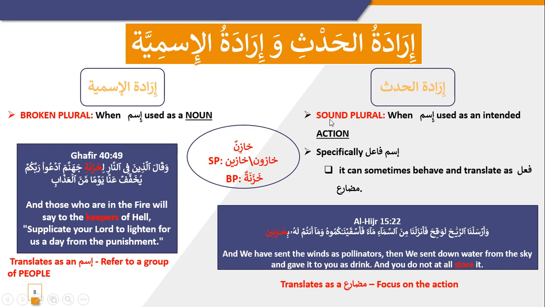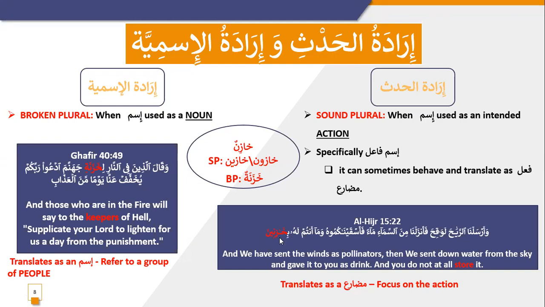If you look at iradatul hadathi, the sound plural is used, and the ism is not translated as an ism. It's translated as a mudari'. Over here, khazinina is not translated as keepers. It's translated as "you do not at all store it." So you see, wa ma antum lahu bi-khazinina.